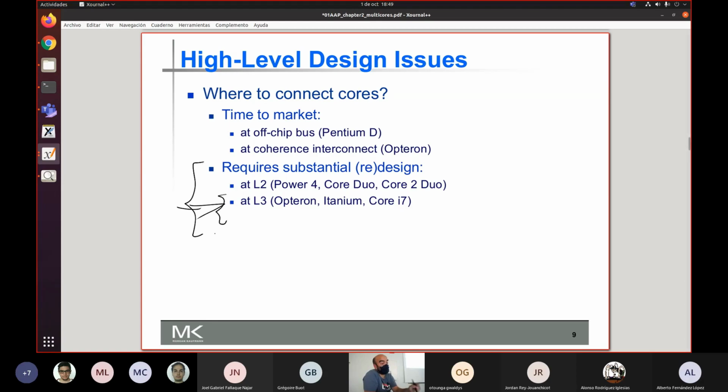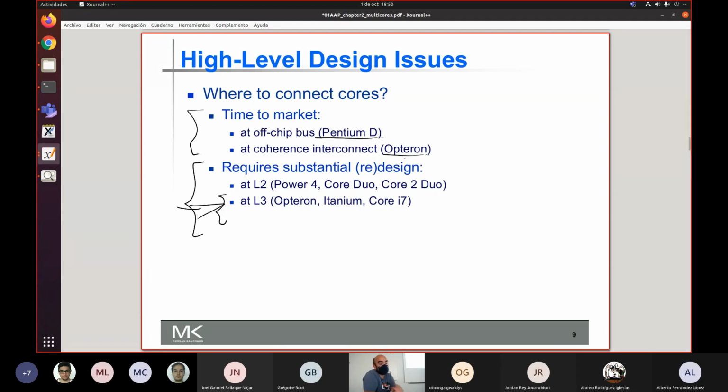So at the beginning of the multi-core era, this was not the solution that was taken. For instance, in one of the first approaches, in Pentium D, the connection between different processors was off-chip. So basically you have something like a multiprocessor. Or in the Opteron, it happened through the coherence interconnect.